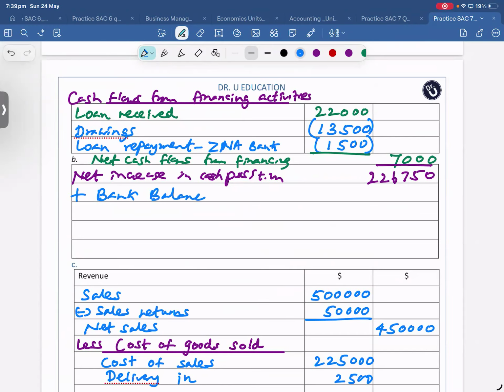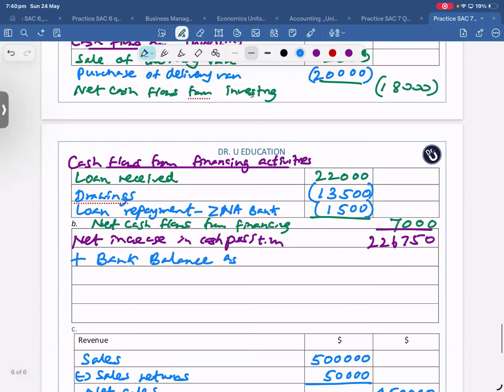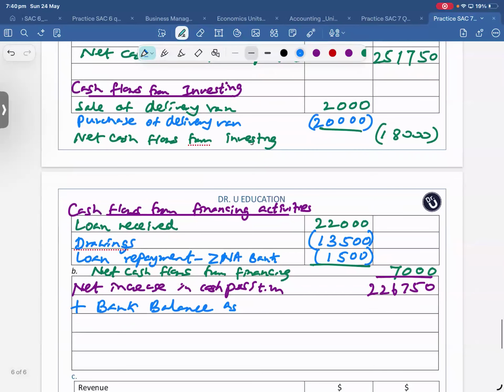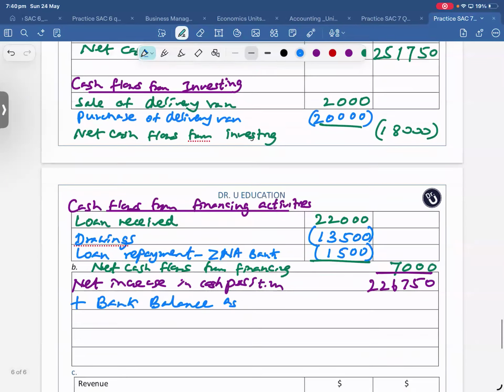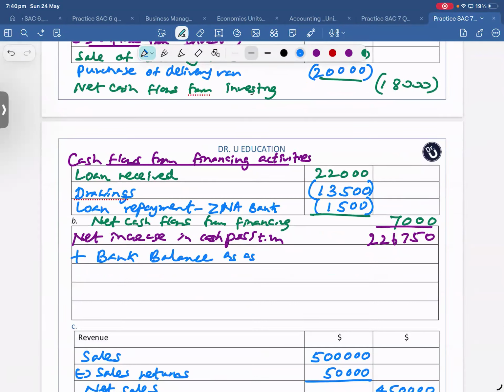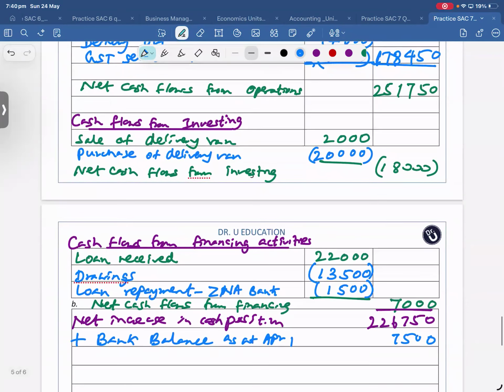Wait, I got a different total. How much? 24,075. As at April 1st, yes. I think the net increase should be, keep this as yours. I think you might have subtracted it.